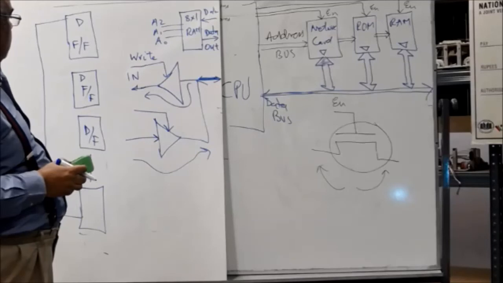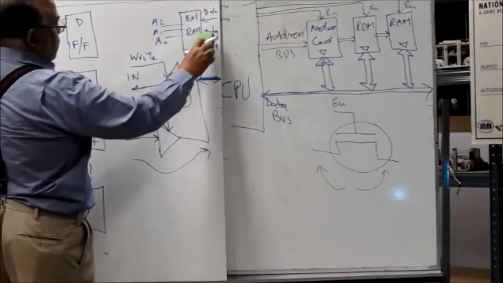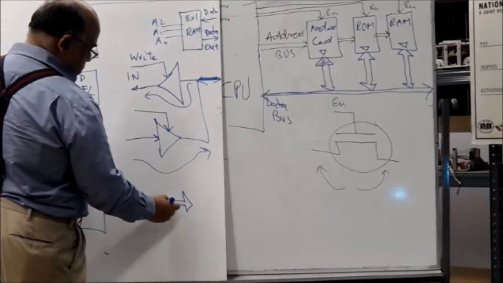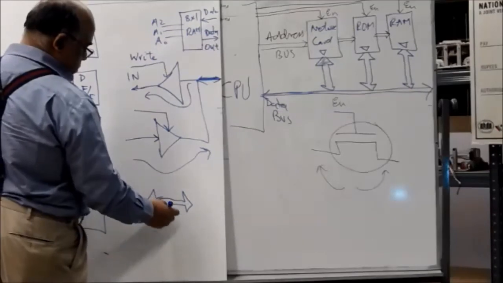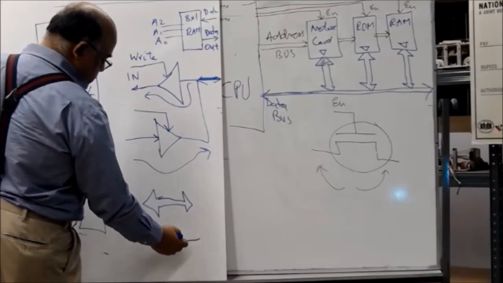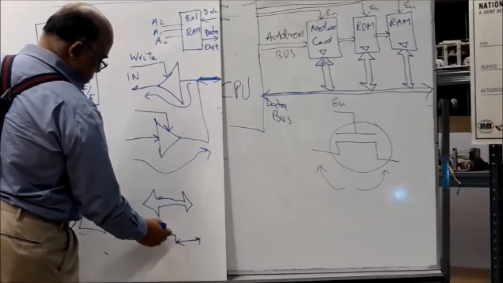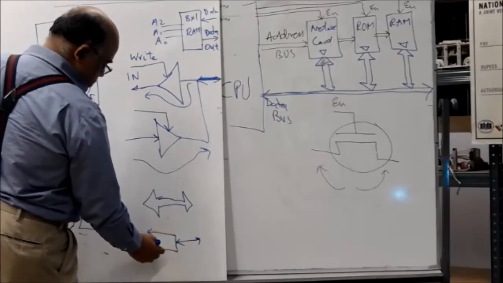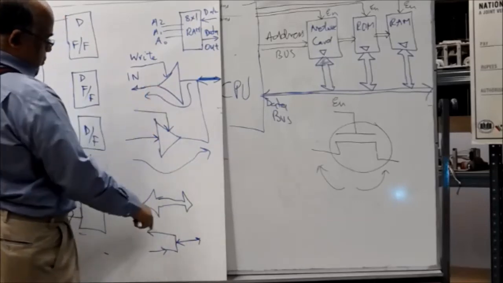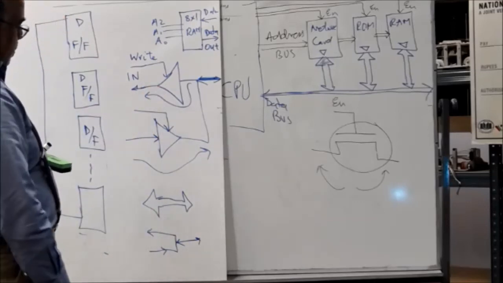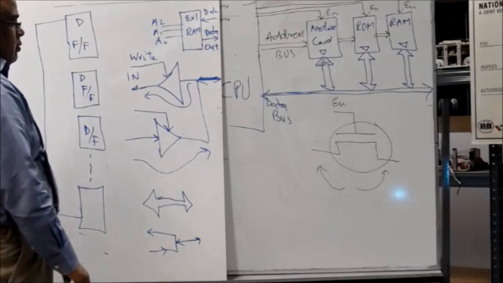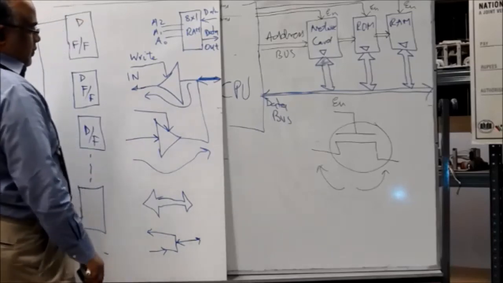So that is the read cycle, and this is how this bidirectional line is converted to this line. This circuit is used inside this. Buffers are everywhere. These tri-state buffers are everywhere.